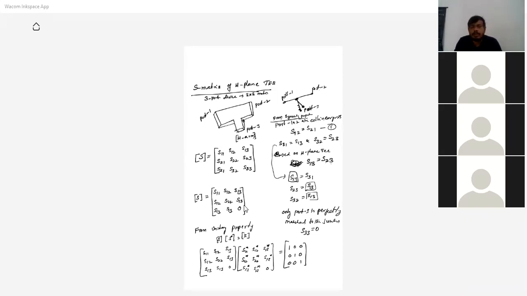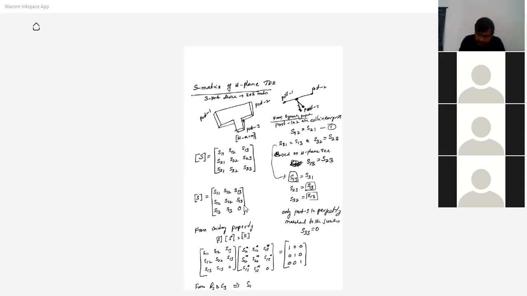Now from this unitary property, we can take the last row and last column, R3 and C3, and multiply them.